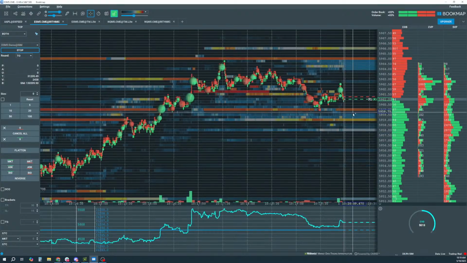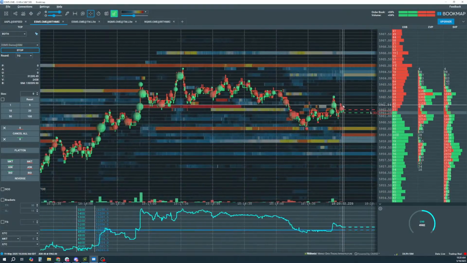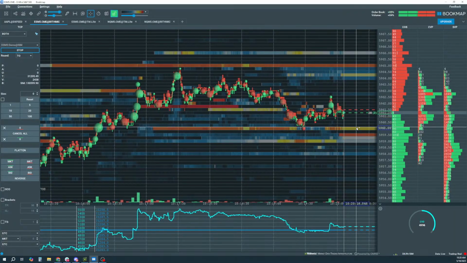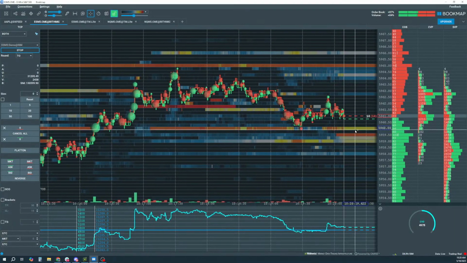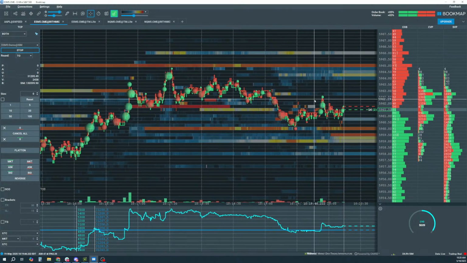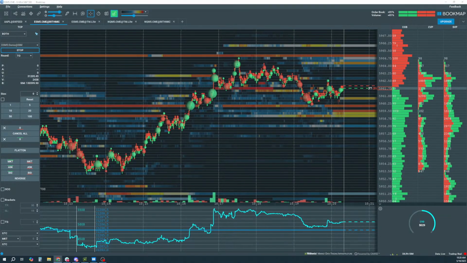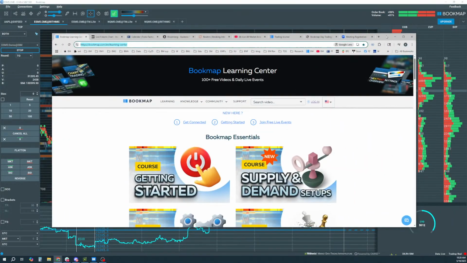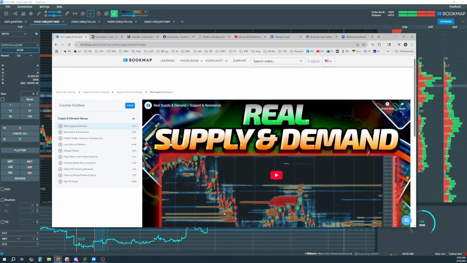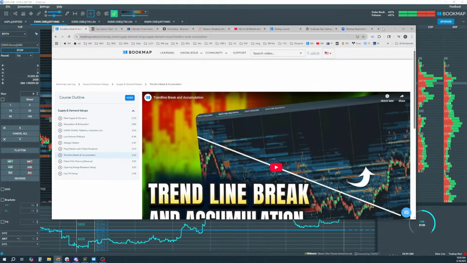Okay, so anyway, I want to see this liquidity in here at 60 transact. I want to see these guys on the bid here show that they really mean business, that they want to trade. Okay, and one of the things we're looking for, and that's one of the setups from the Learning Center, right here in that new supply and demand setups course, is this one, the trendline break and accumulation, which I keep saying I got to change the name to passive accumulation followed by aggressive accumulation.